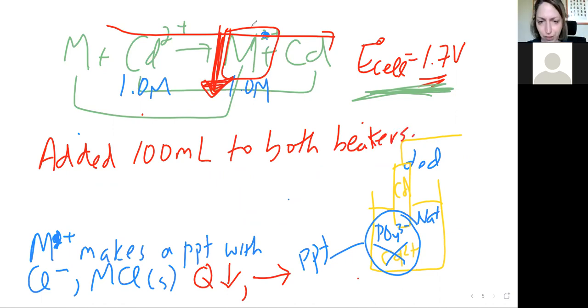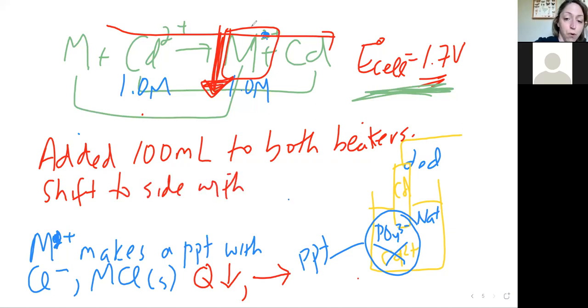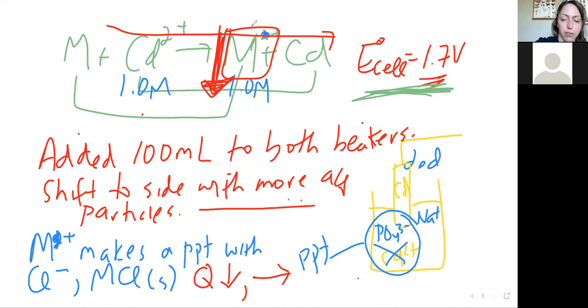But of course, water is going to dilute both sides. And so as a result, you're going to shift to the side with more aqueous particles. So that would mean it would shift forward. So again, E cell would increase.